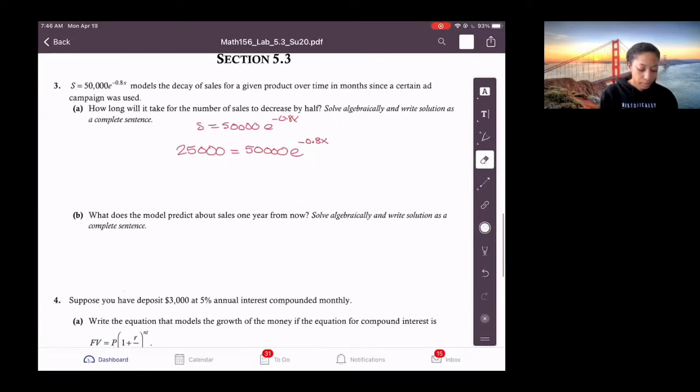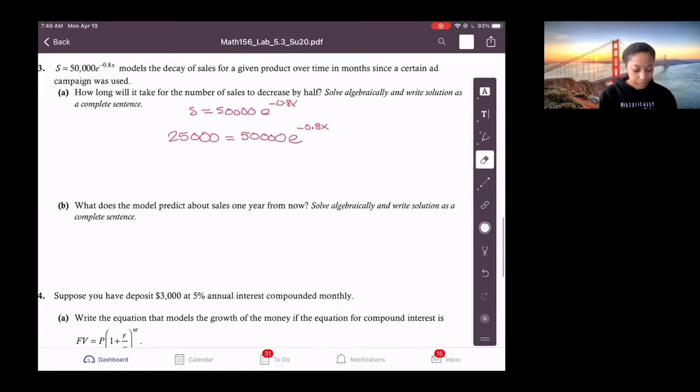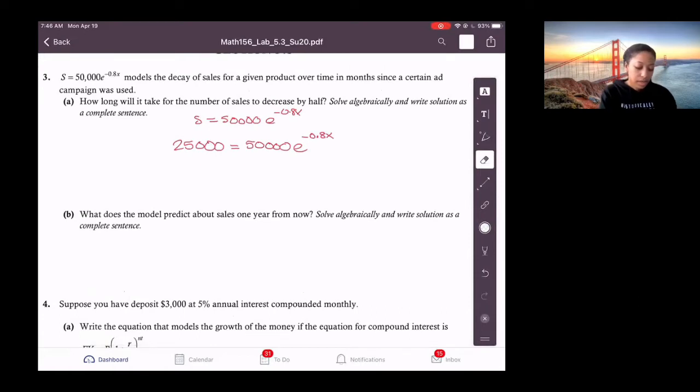So in problem number 3, we have a nice word problem here that requires us to use exponential equations to solve. S equals 50,000 e to the negative 0.8x models the decay of sales for a given product over time in months since a certain ad campaign was used.